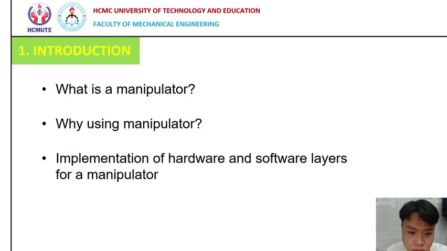It is impossible to imagine a modern production line today without manipulators. They perform tasks that are too dangerous for humans, like working in a hazardous environment, and tasks too difficult or even impossible for humans, like handling heavy and bulky objects.